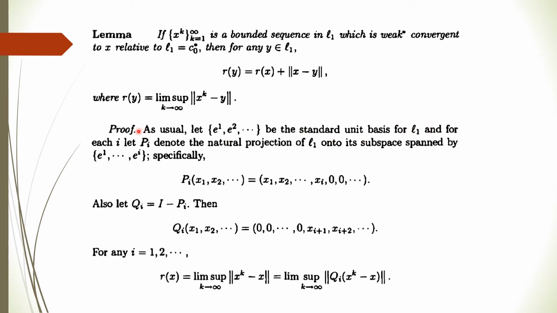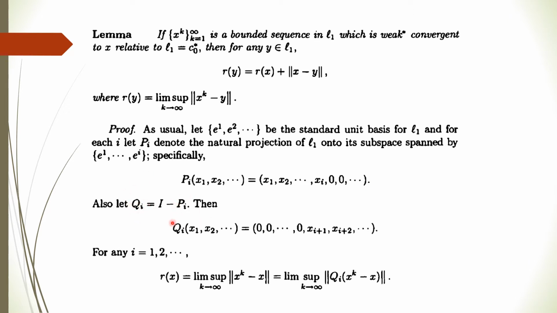Now for each i, we consider Pi, which is the natural projection of L1 onto its subspace spanned by E1, E2 up to Ei. So Pi of x1, x2 and so on means we take the same values up to the ith place and the rest are all zeros. Qi is the complement of Pi.